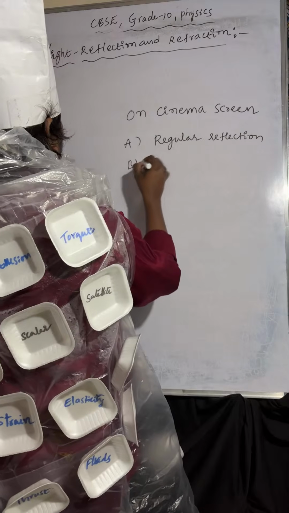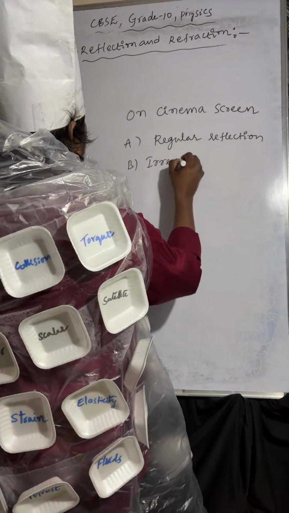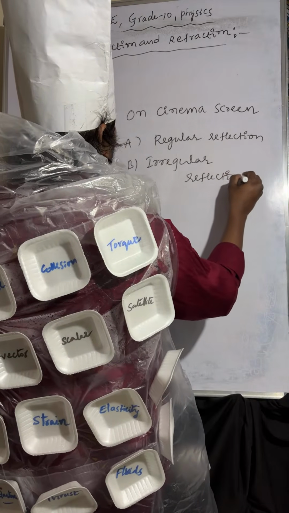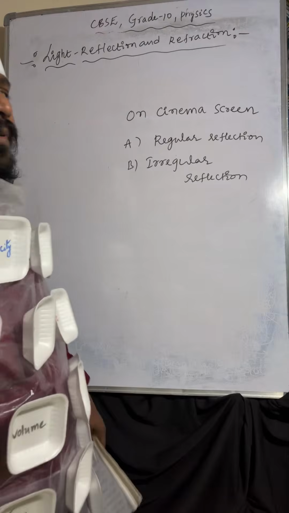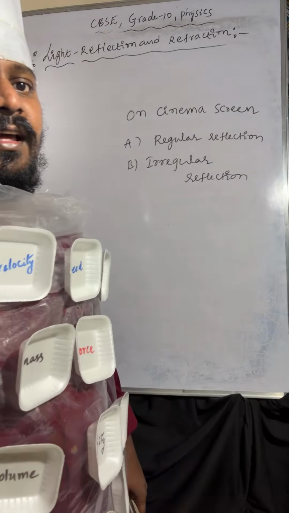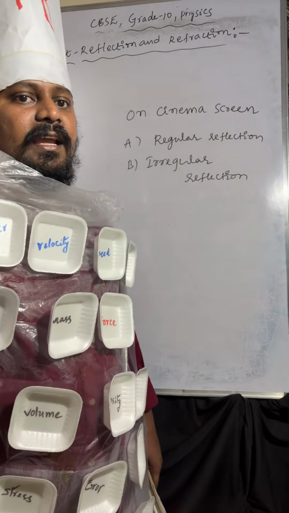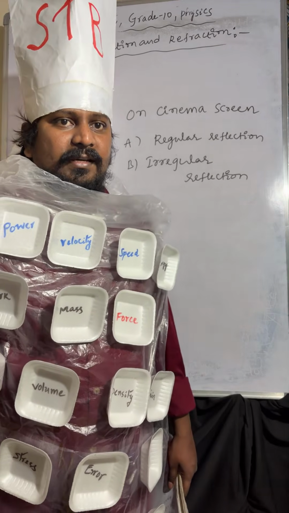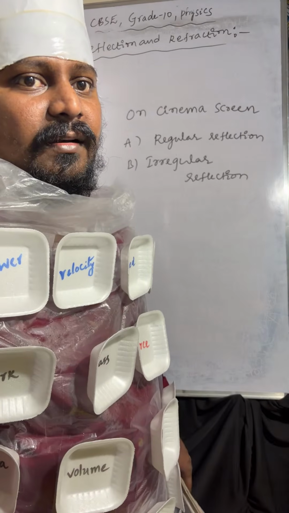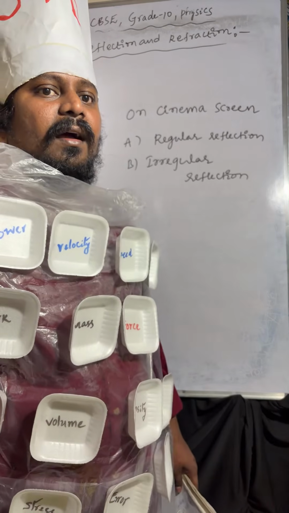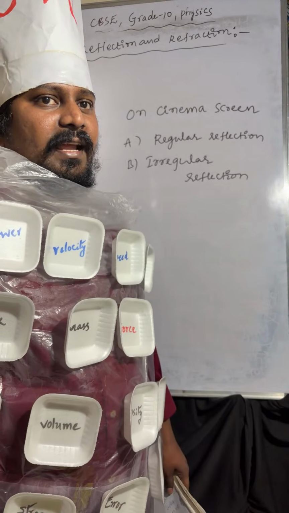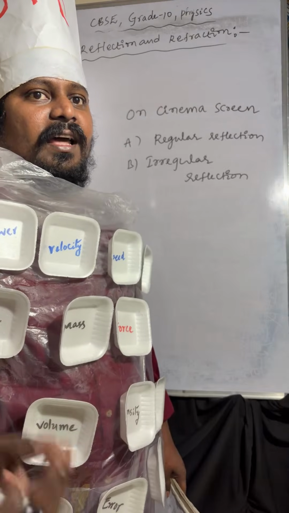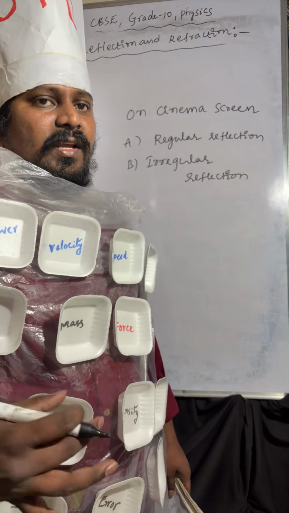Option B, irregular. For you it is easy, that's why I am writing like this. Otherwise I could directly say: on cinema screen, what type of reflection of light takes place, regular or irregular? Let me know the answer.